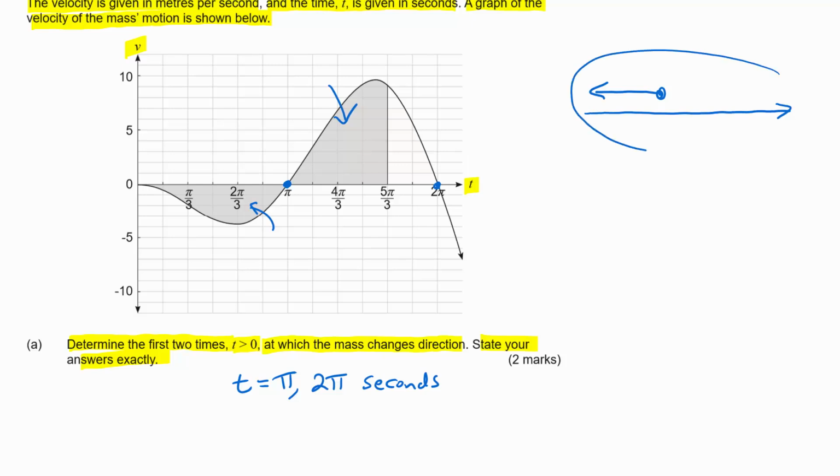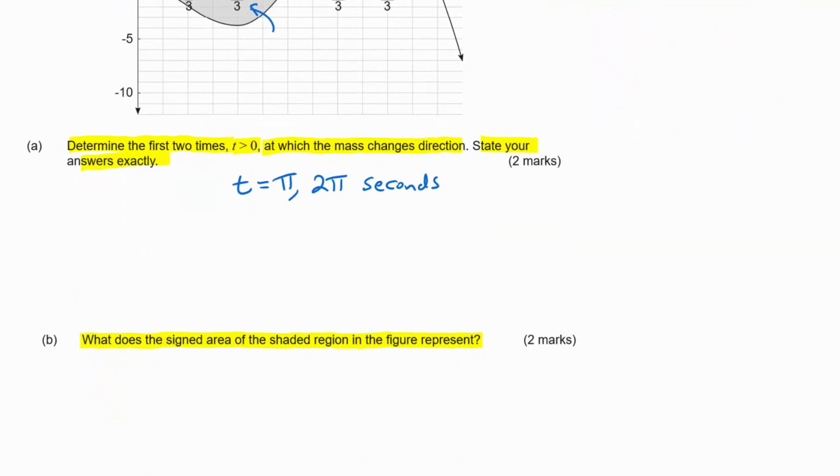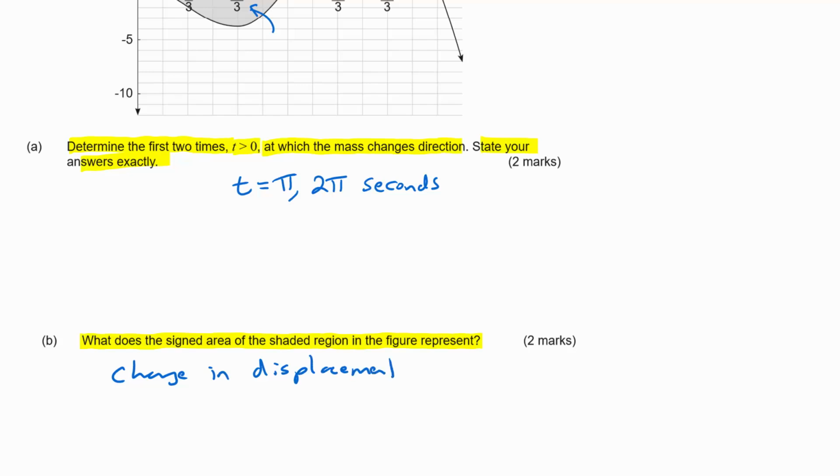So overall, it's going to be the change in displacement, because overall, it's just going to be this bit here. So that is the change in displacement between t equals 0 and t equals 5 pi by 3.